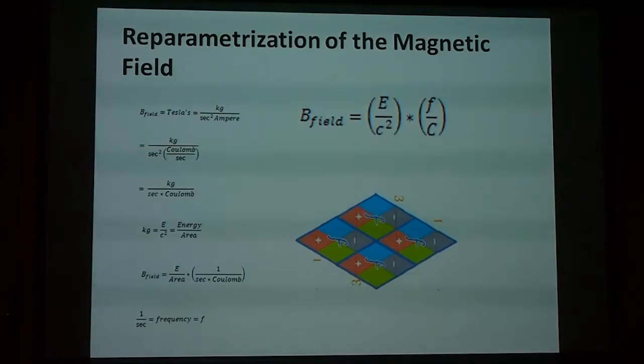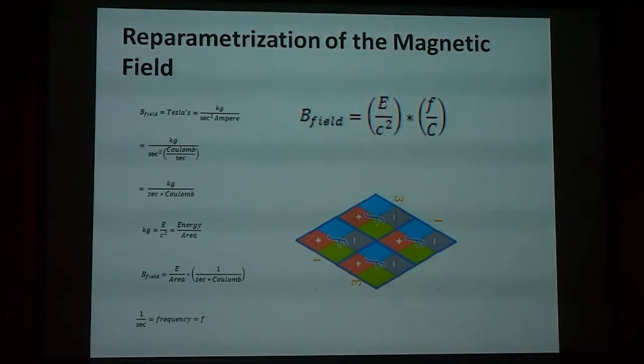So basically, all I've done here is I said let amperes be equal to coulombs per second, so that's nothing new or crazy. And I said let kilograms equal to this energy per c squared that we saw yesterday. So if we substitute those in, and then we interpret this inverse seconds as frequency, when we simplify this, we get this result.